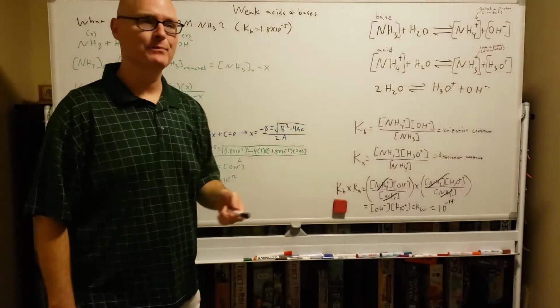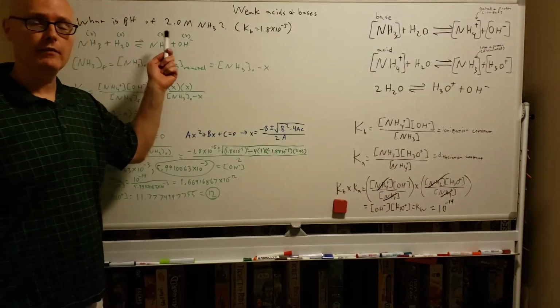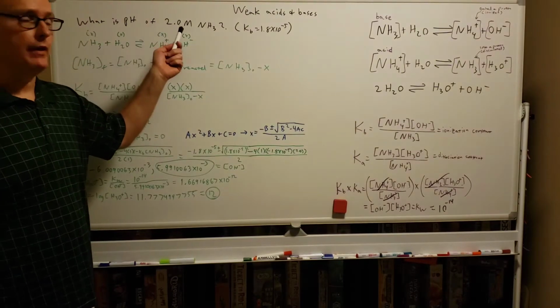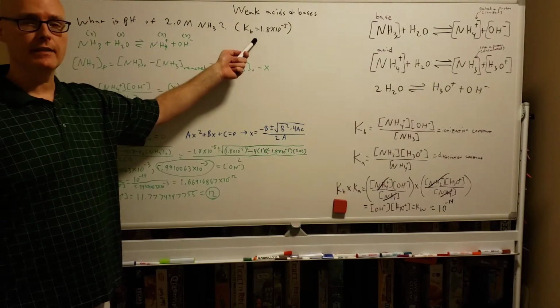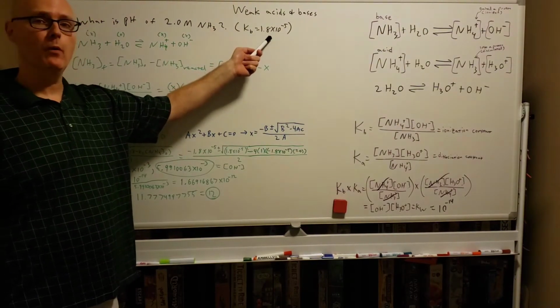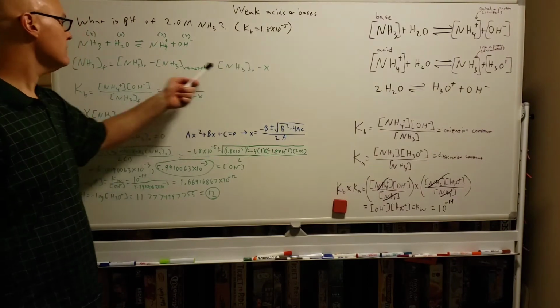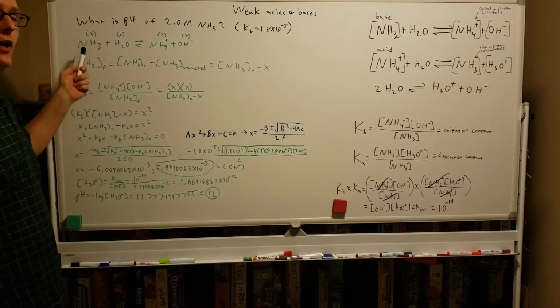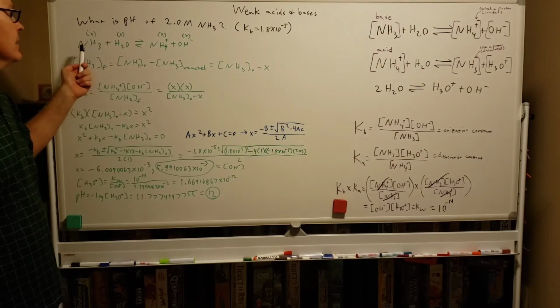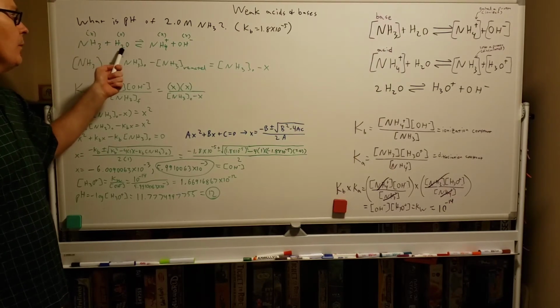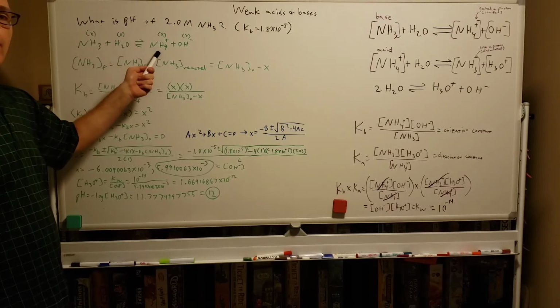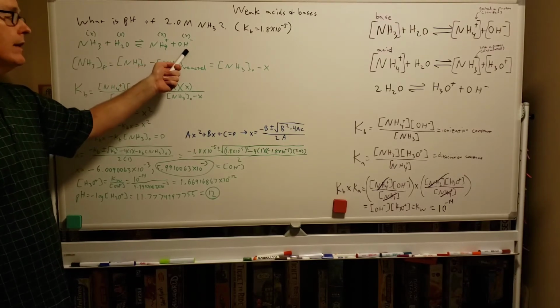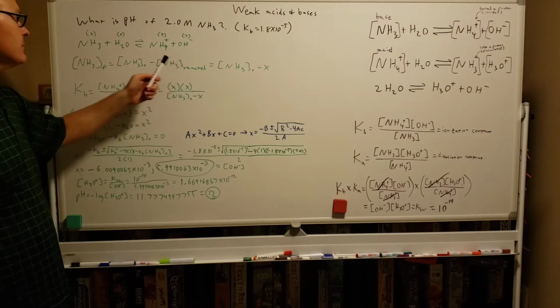This is another example. I want to know the pH of a 2 molar solution of ammonia. I'm given that the ionization constant is 1.8 times 10 to the minus 5. So if we use our reaction, for every ammonia that reacts, it will react with 1 water to produce 1 ammonium and 1 hydroxide.